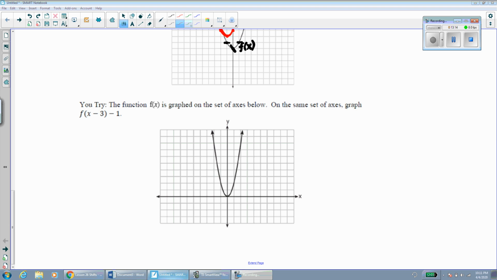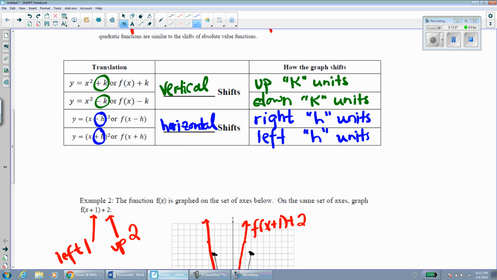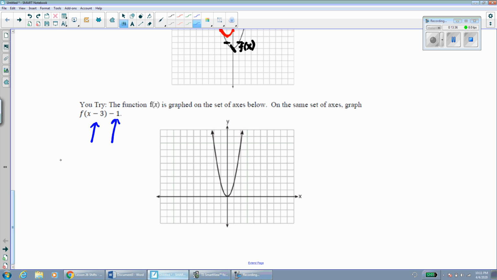Okay, so let's take a look at what these things mean. What does minus 3 mean inside my parentheses, and what does minus 1 outside my parentheses look like? So let's go back up. If I'm subtracting inside of my parentheses, it looks more like this one. I'm going right. So I'm going to the right 3.